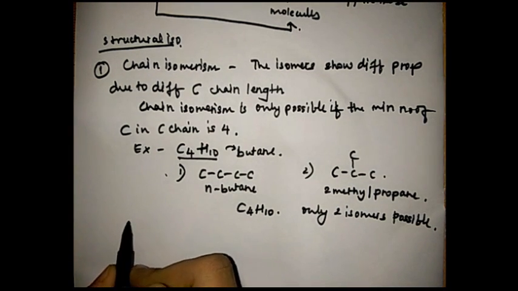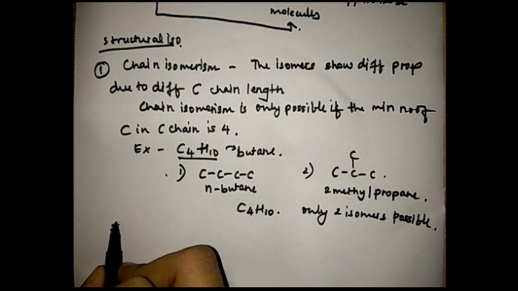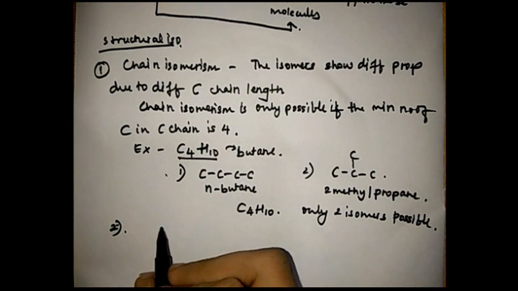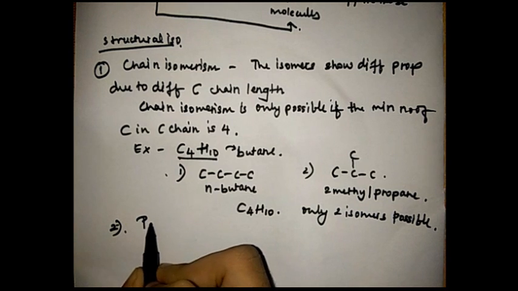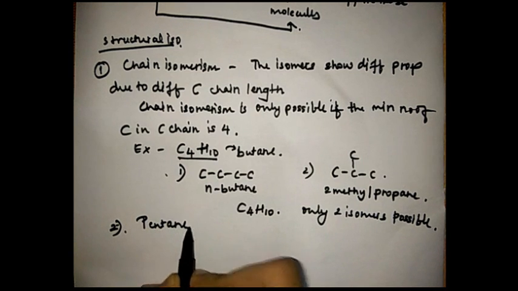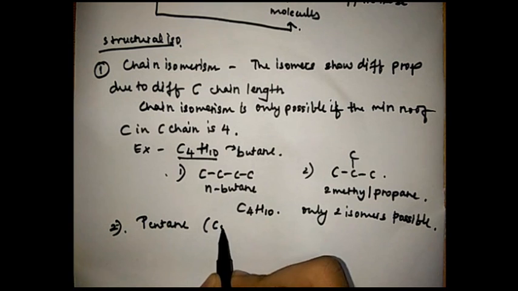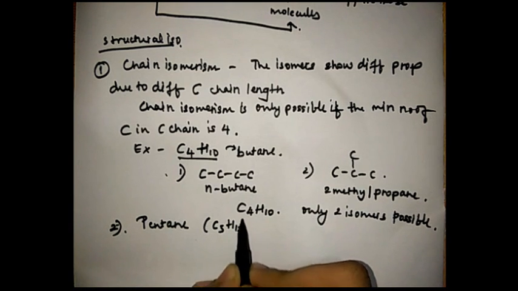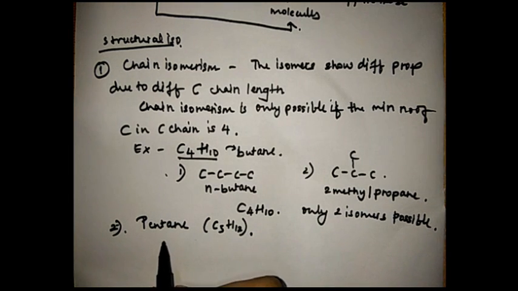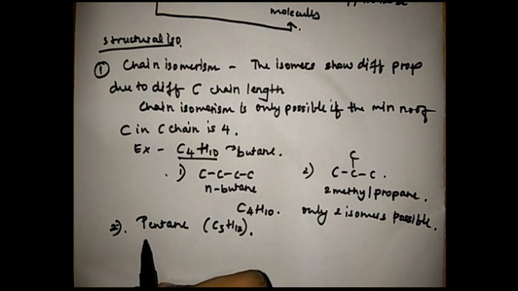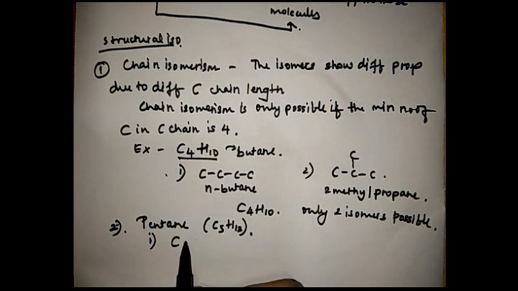Now if we see another example, the second example I'll write for you, of pentane, C5H12. Now we'll try it out, how many isomers can this pentane have. Every time we'll start with the straight chain formula.